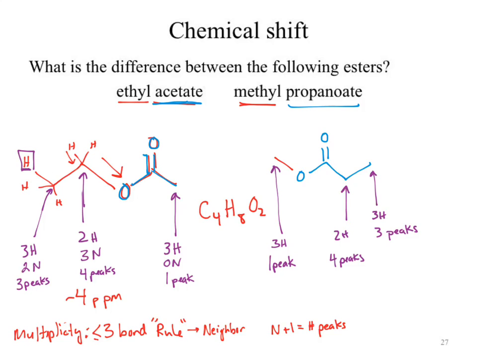What happens with our other chemical shifts? Well, the very first one on the left, we've got a carbon bound to a carbon. Well, there's not much of an electronegativity difference there, so we expect to see not much shift at all. How about the last one in that molecule?